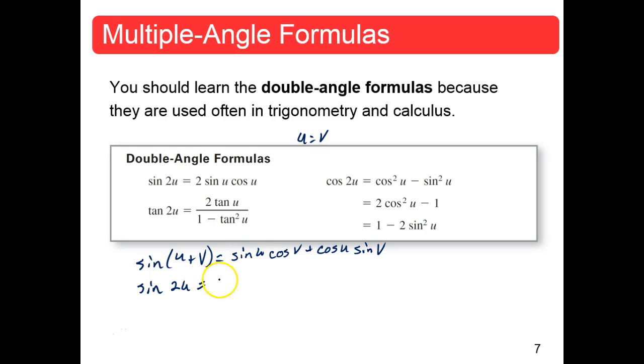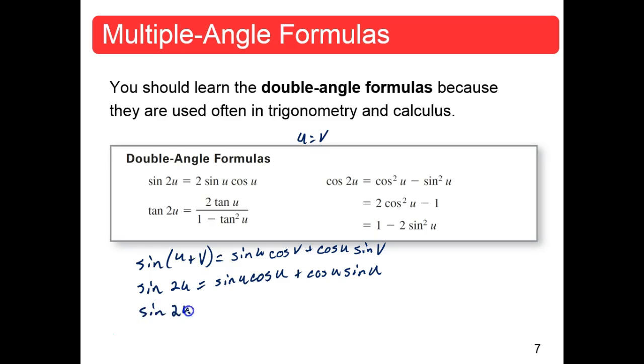And then this would be sine U cosine U, if V is equal to U, plus cosine U sine U. So guess what that is?